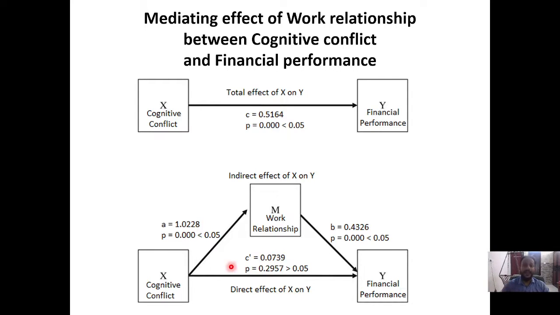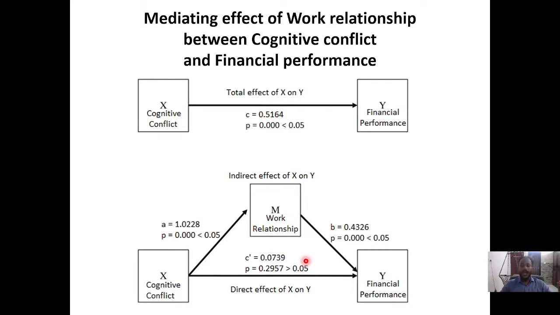So the earlier relationship between the knob and the boiling of the milk doesn't hold true. That is why the entire credit goes to the flame, and it is a full mediation if it turns out insignificant. Is it clear? Yes, sir.